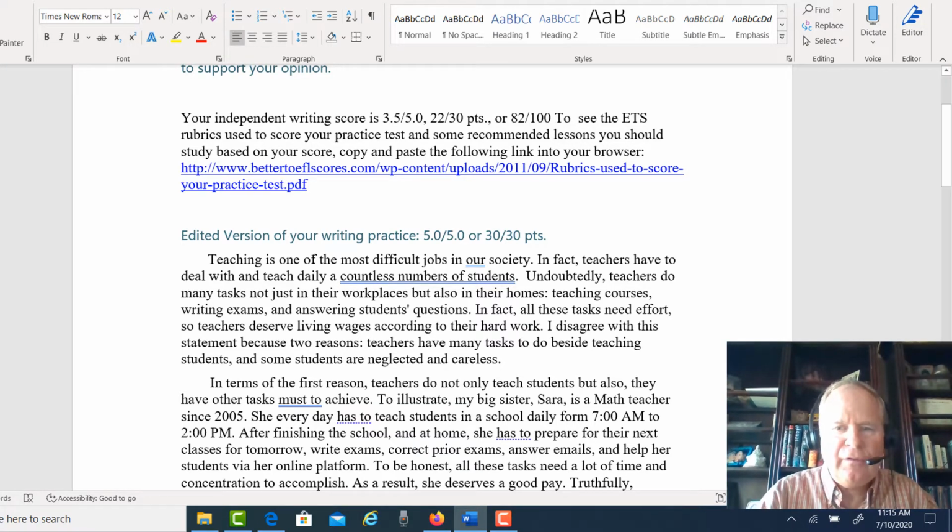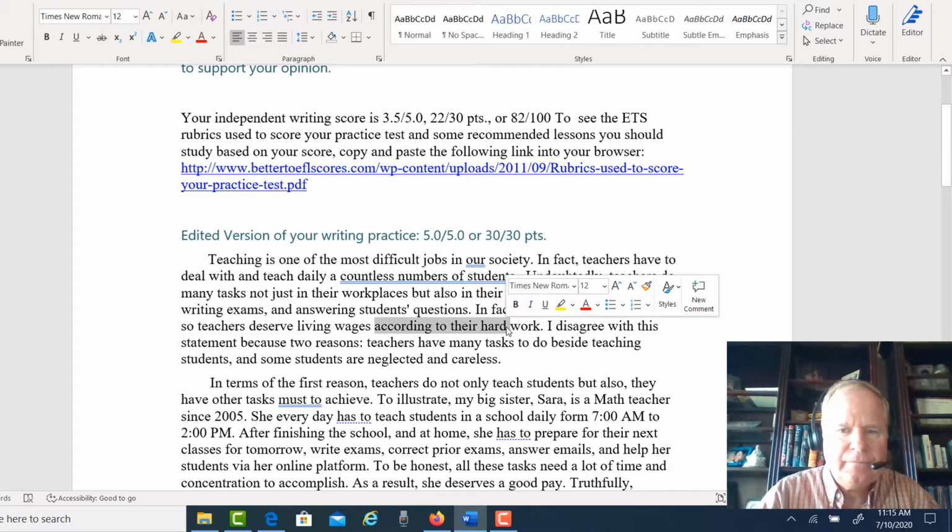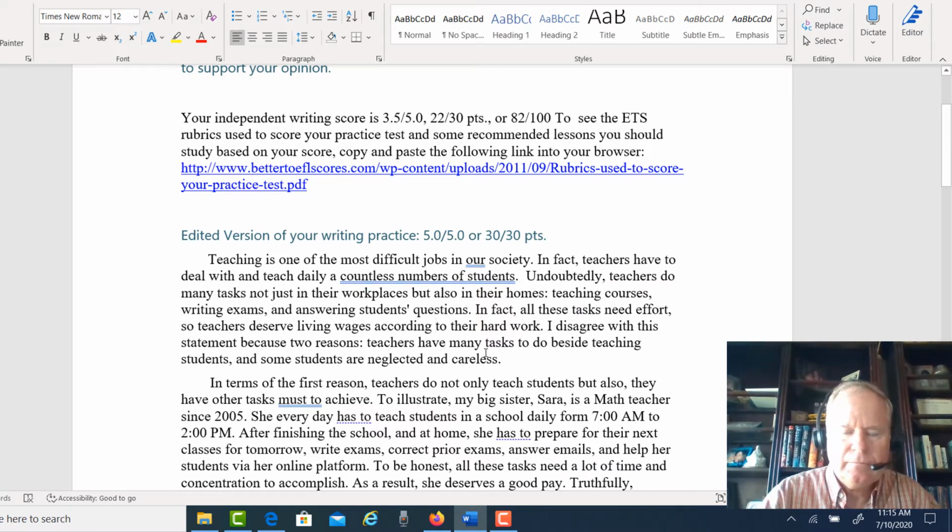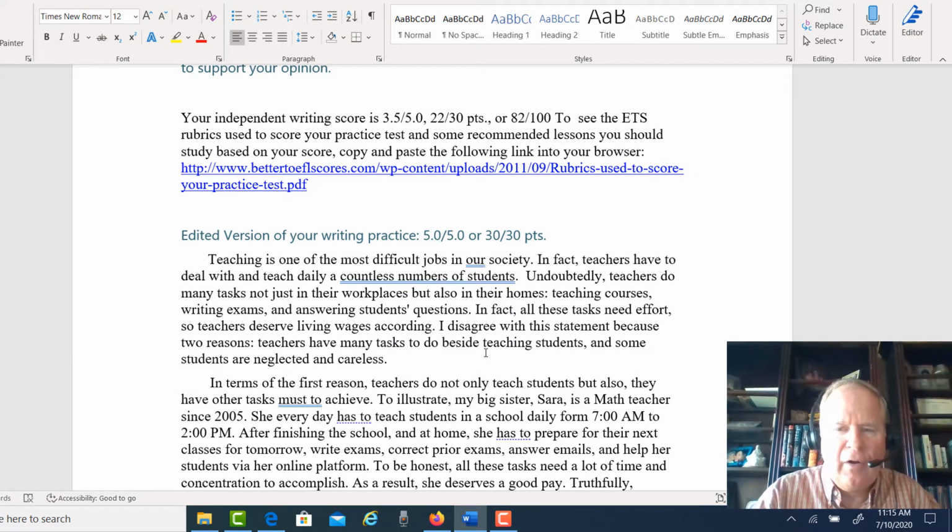And I think you're already saying here all these tasks need effort, right? In fact, all these tasks need effort, so teachers deserve living wages.